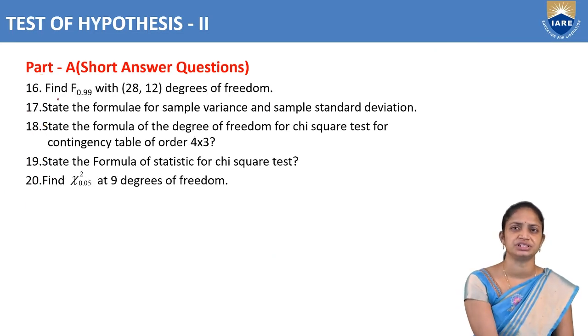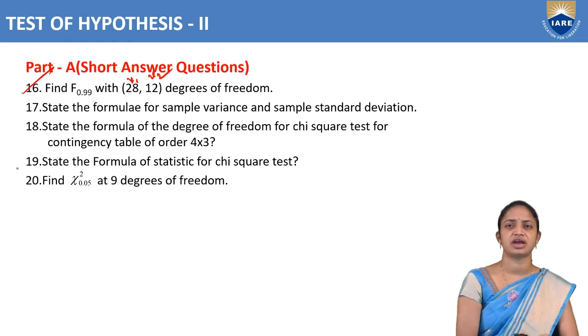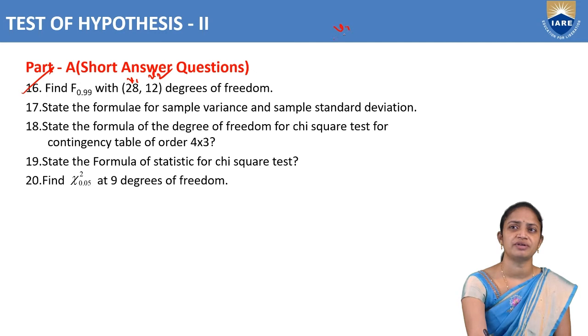Next, 16th question: find F 0.99 with 28 comma, that is nu1 and nu2 degrees of freedom. We need to find this value from the F distribution table, where these are the nu1 values and these are the nu2 values.